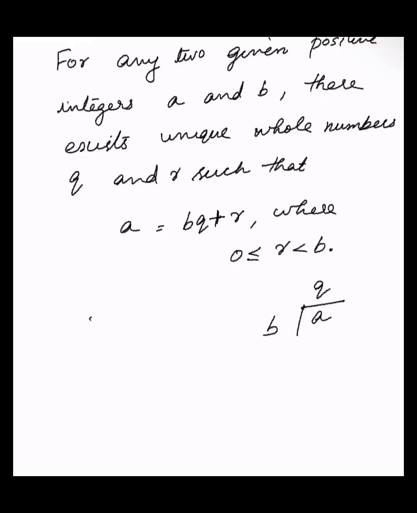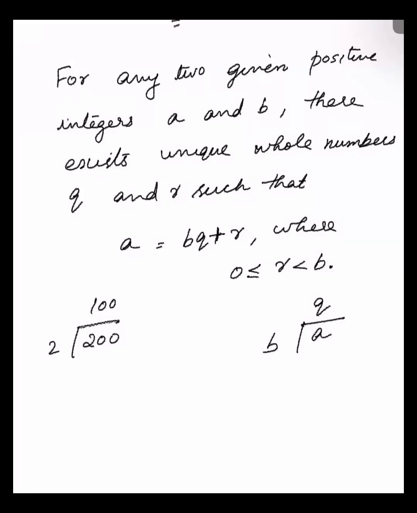When you divide 200 by 2, do you get different numbers in the quotient or only one number? Is it always 100, or will a different number come each time? It is always 100. That is the reason they are saying unique. Unique means only one value. Whenever you divide, you get only one value. So when you divide a by b, you get unique whole numbers.